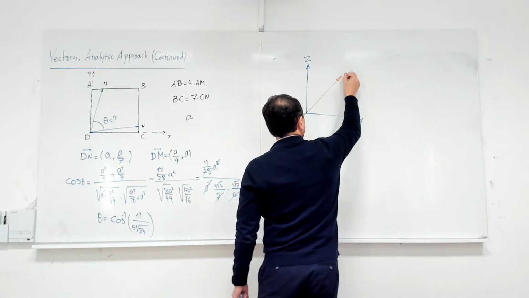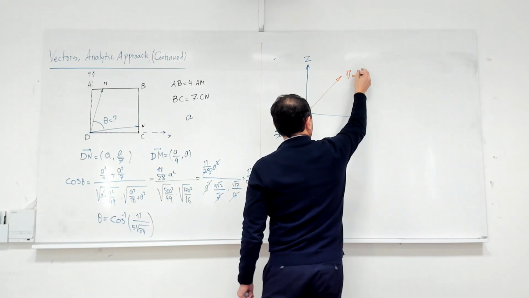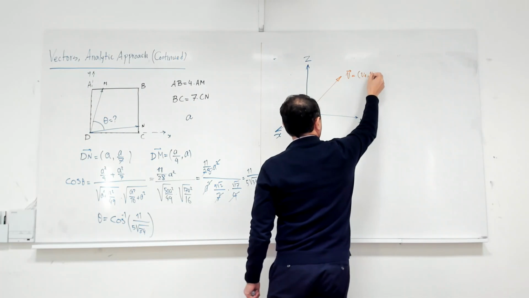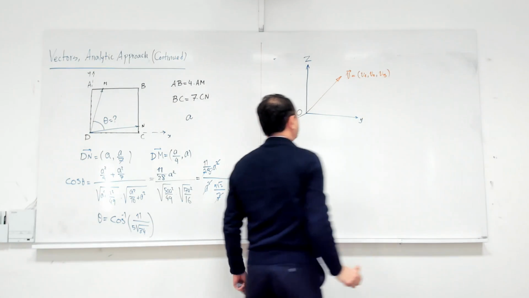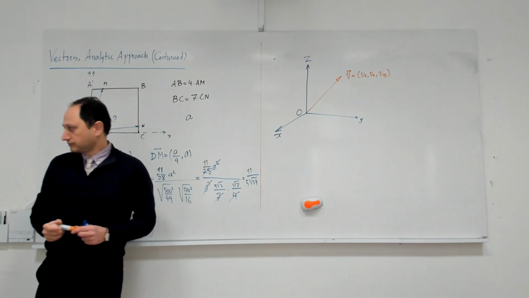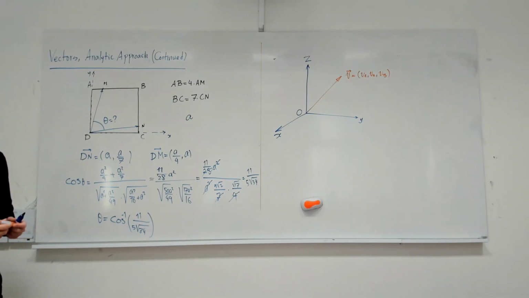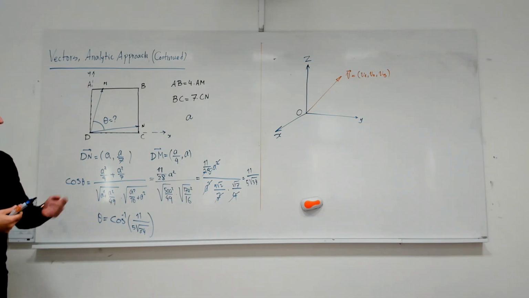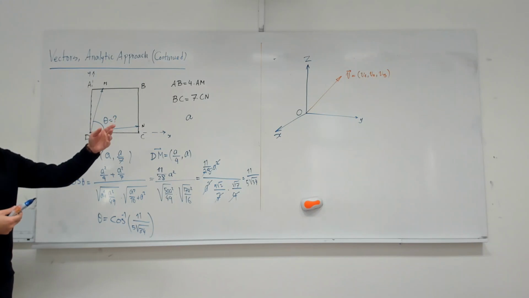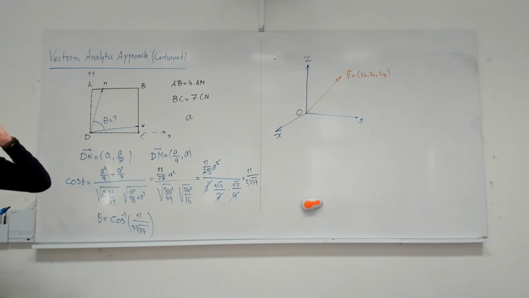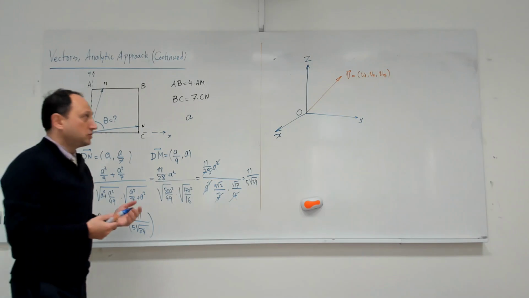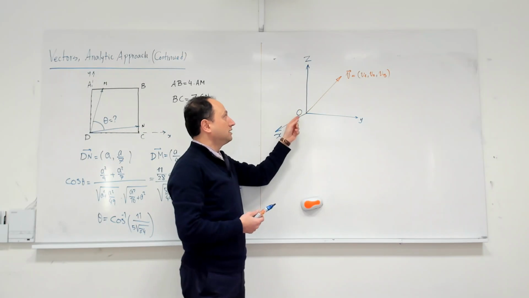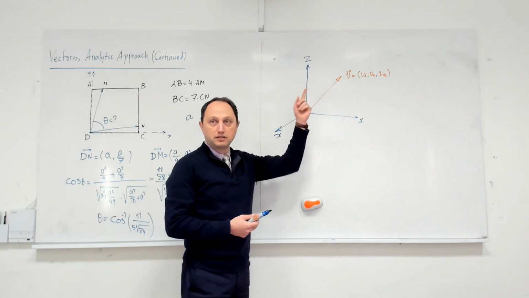Let me call it vector v with components v1, v2, and v3. Yes? The angles that this vector makes with the three axes are called direction angles. Yes? Because if I give you those angles, the direction of your vector is clear.